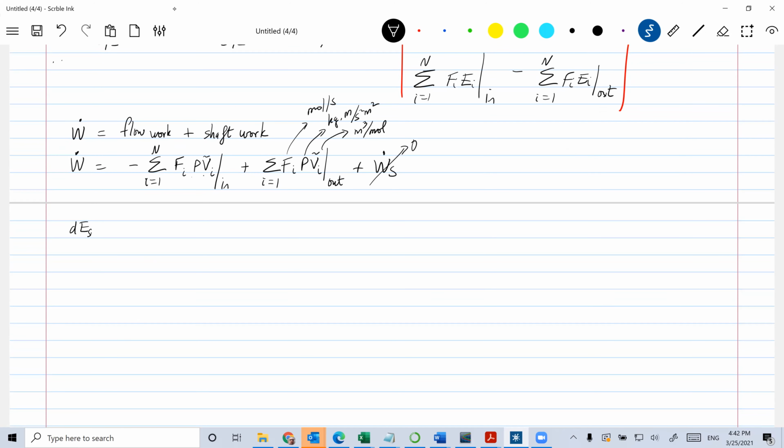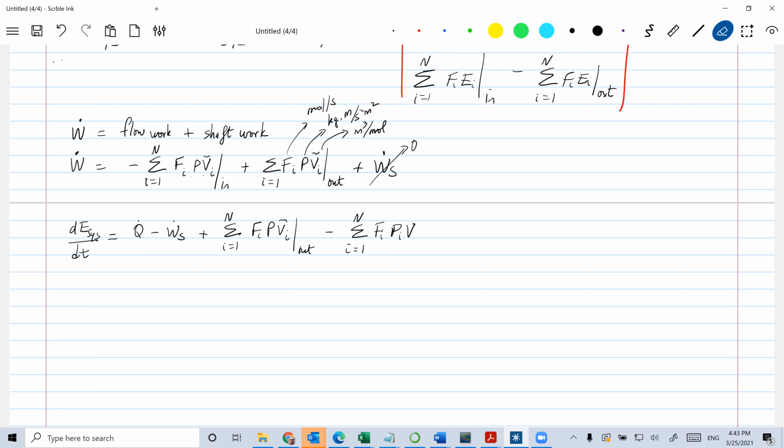So we can rewrite the full energy of the system as heat minus shaft work plus the summation from i equals 1 to n of F. Did I do it right or did I mess it up?